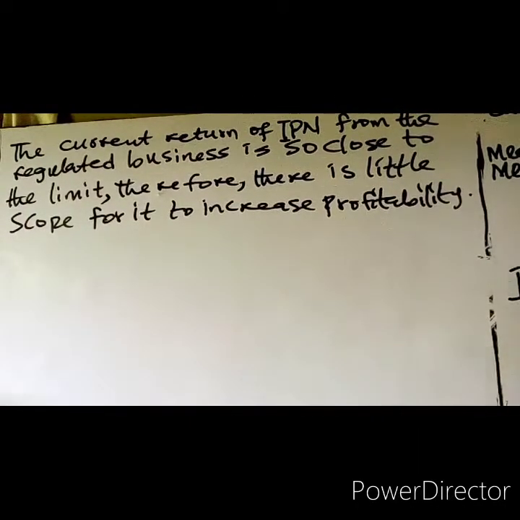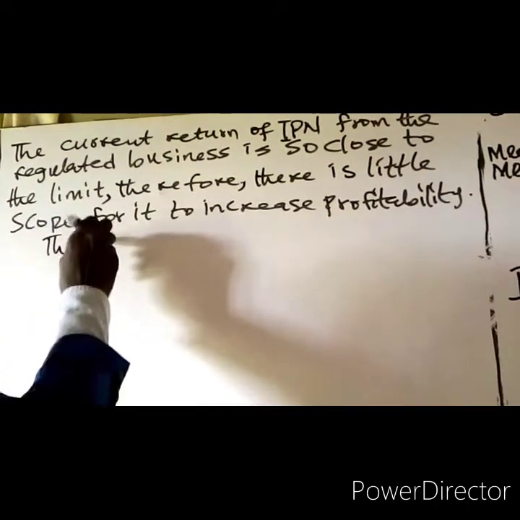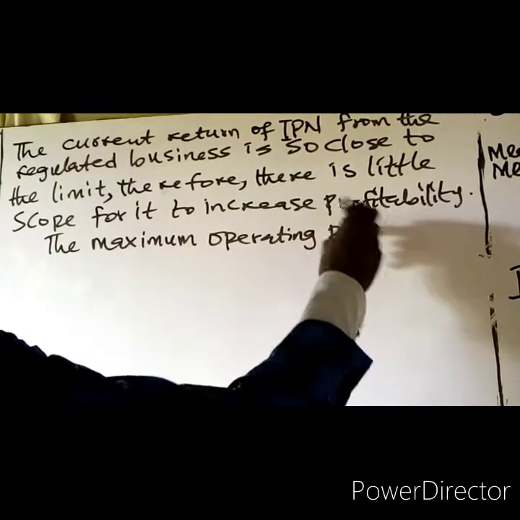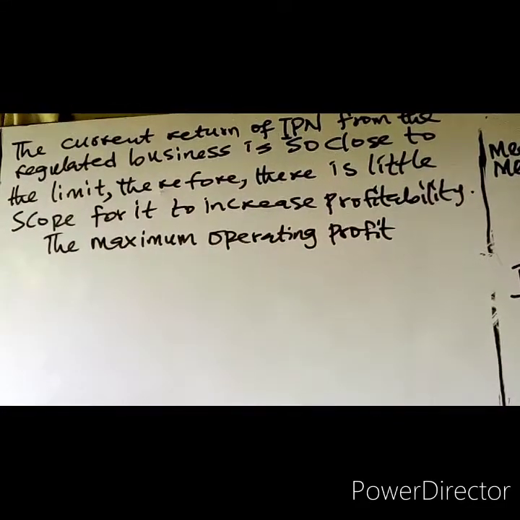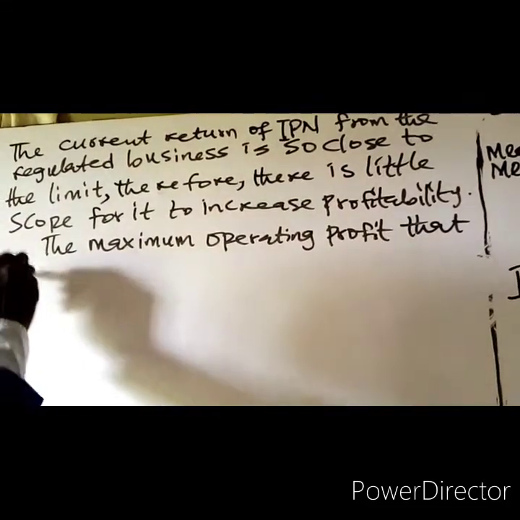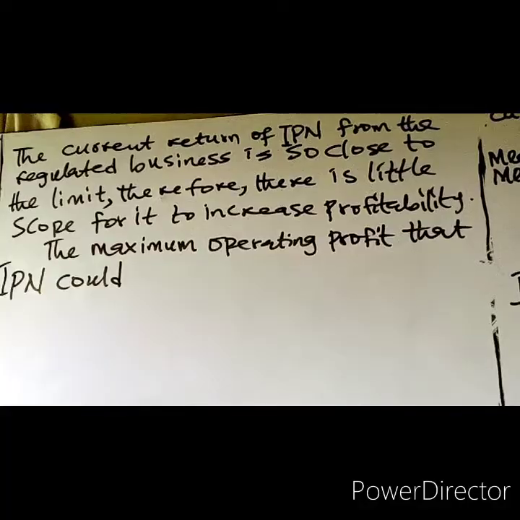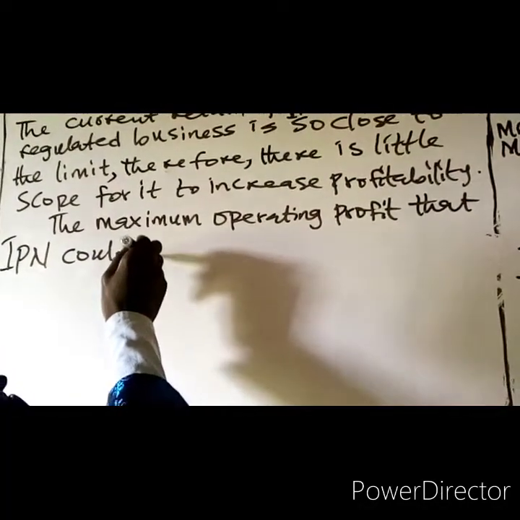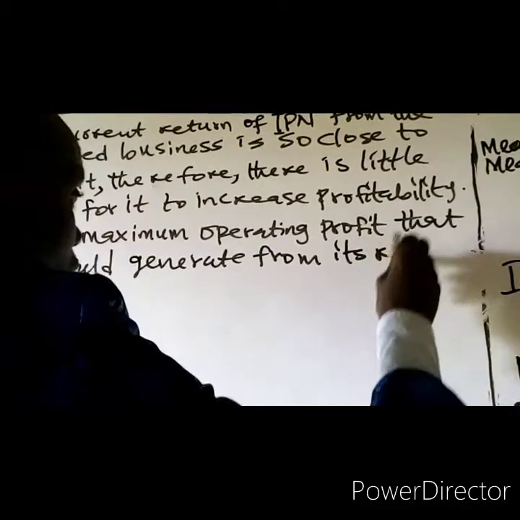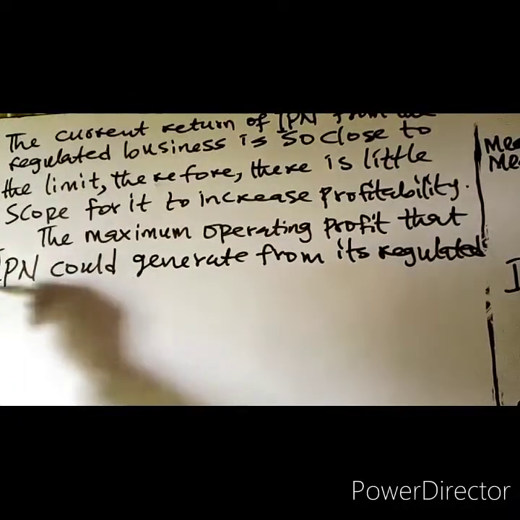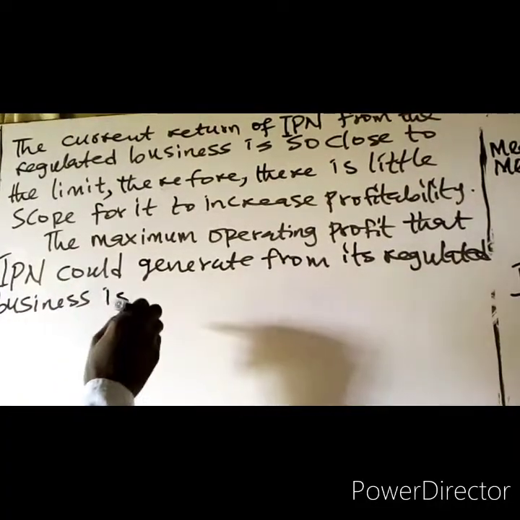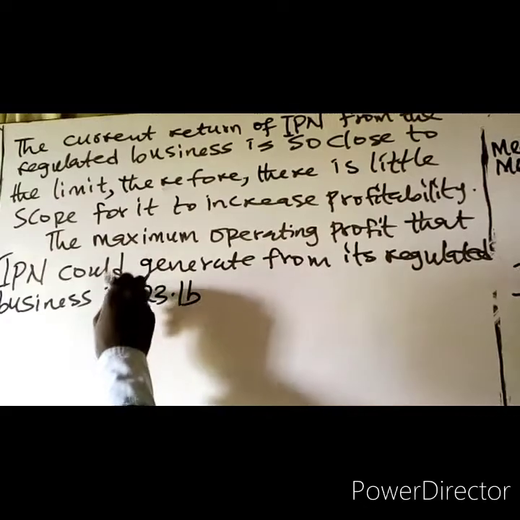The maximum operating profit that IPN could generate from its regulated business is 23.1 billion naira.